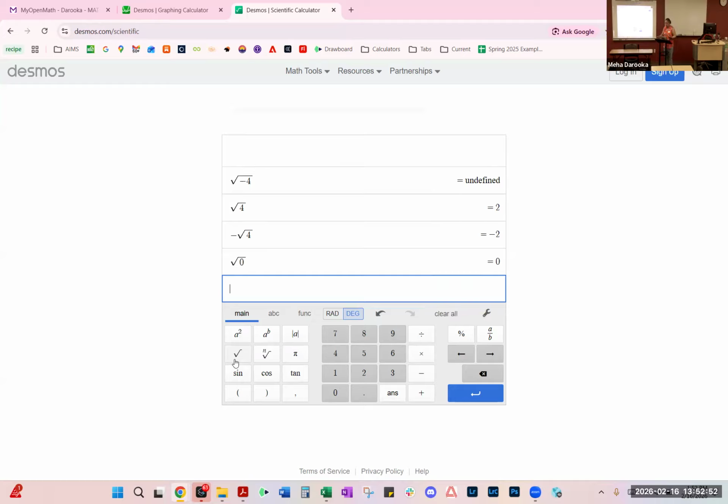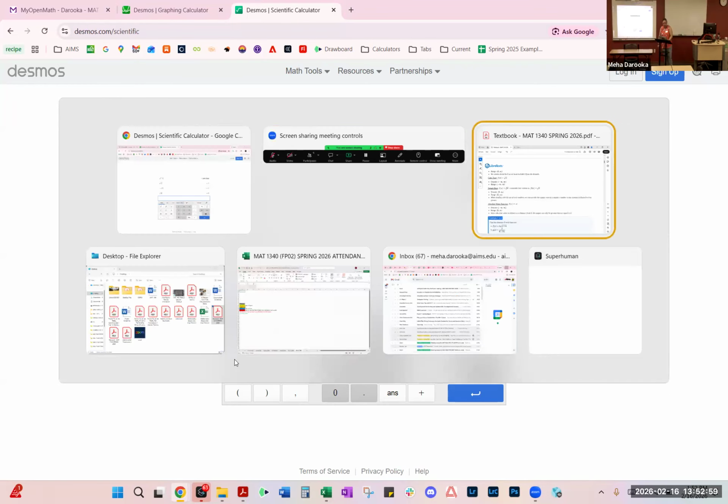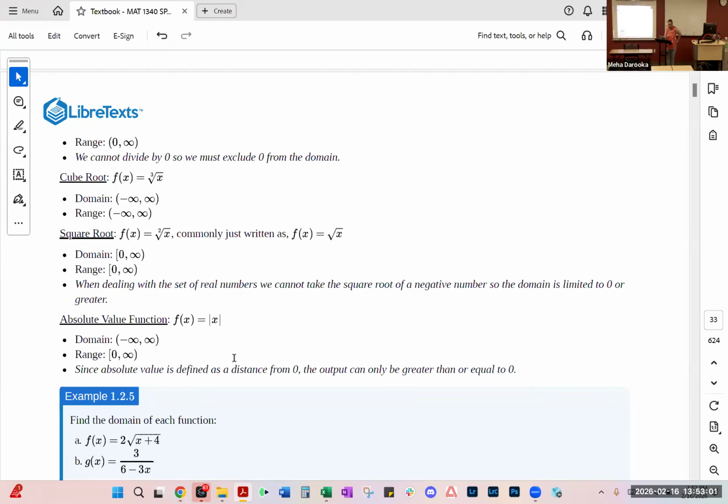So if I took square root of 0, of course I get 0, right? So 0 is okay, but anything less than 0 is not okay, which is where also that restriction comes in. So if you are not using a negative number in the square root, you're actually not going to get an output of a negative number either. So you can see your range also then ends up starting at 0.